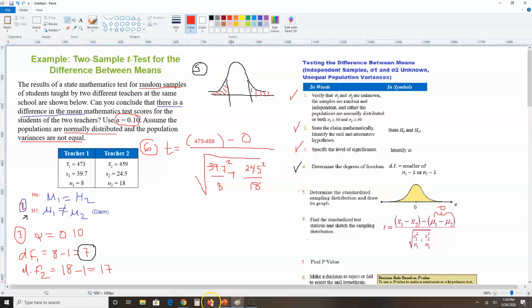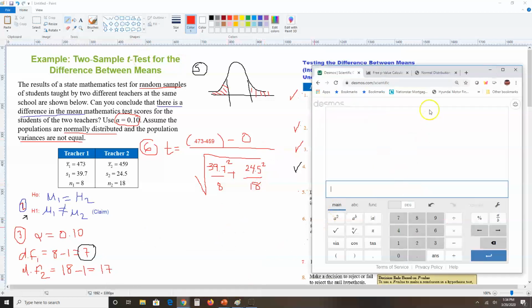Okay, and what I'm going to do is use my decimal calculator. Here it is. Whatever I wrote here, I'm going to type it in here. So fraction, I'm going to put parentheses, 473 minus 459, close the parentheses, minus 0. That's on the top. On the bottom, we're going to have square root. Then we have one fraction, 39.7 on the top, square, over 8.